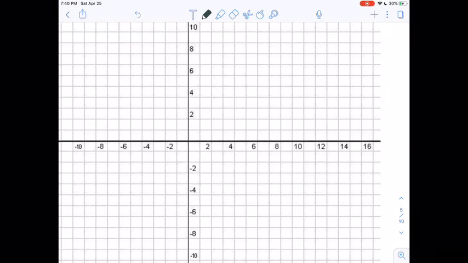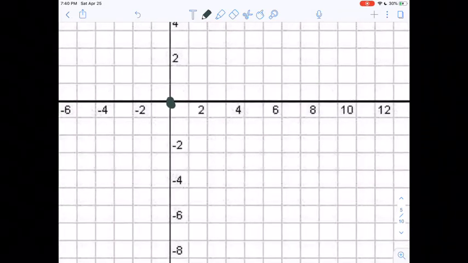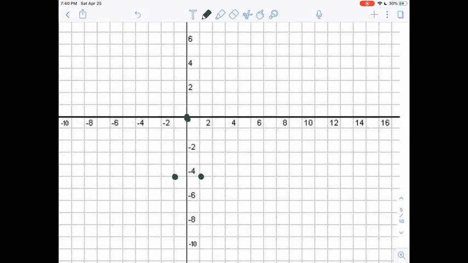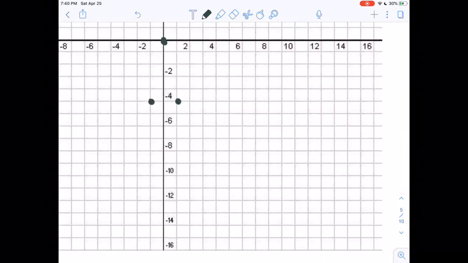So I have 0, 0, and I have 1, negative 4, negative 1, negative 4. Notice that these points are lining up. They should be horizontal of each other. And then I have 2, negative 16 and negative 2, negative 16.